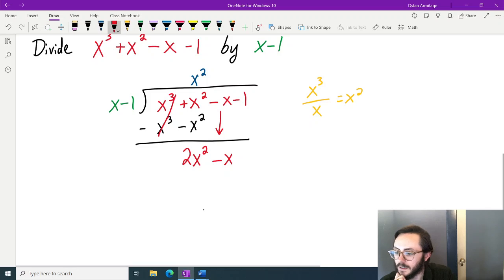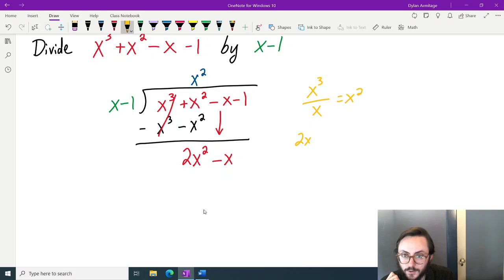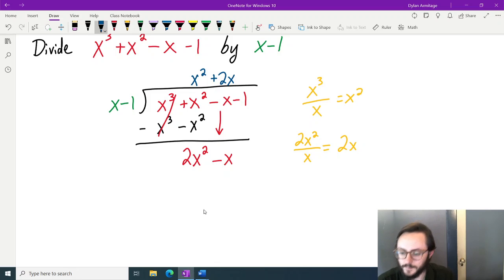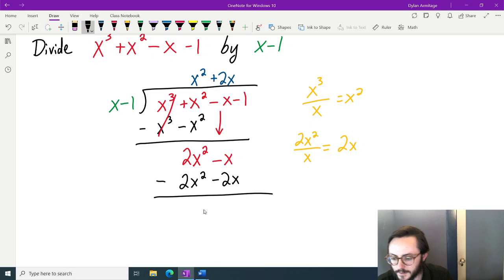All right. Once again, 2x squared divided by x will be 2x. So this next term is plus 2x. Now, multiply by 2x. 2x squared minus 2x. We're going to subtract all this.